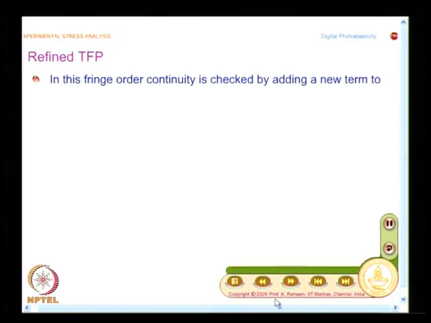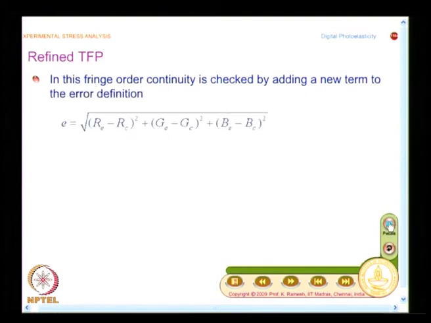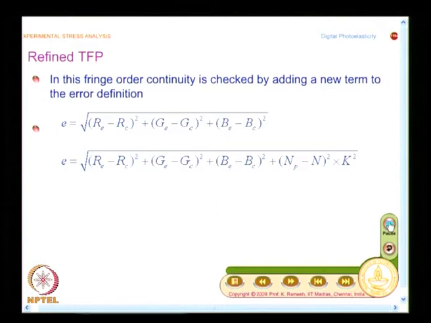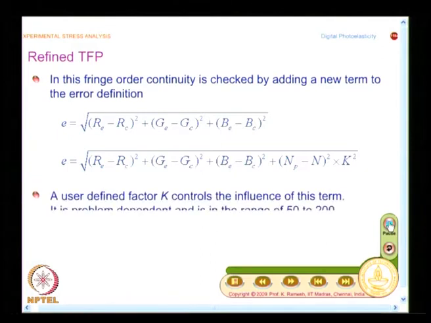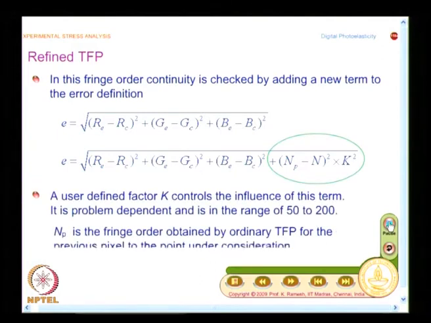So, we have to reframe the basic equation, and when we do that refinement, we call that a refined TFP, and the methodology is like this. This is what you do in a conventional approach.